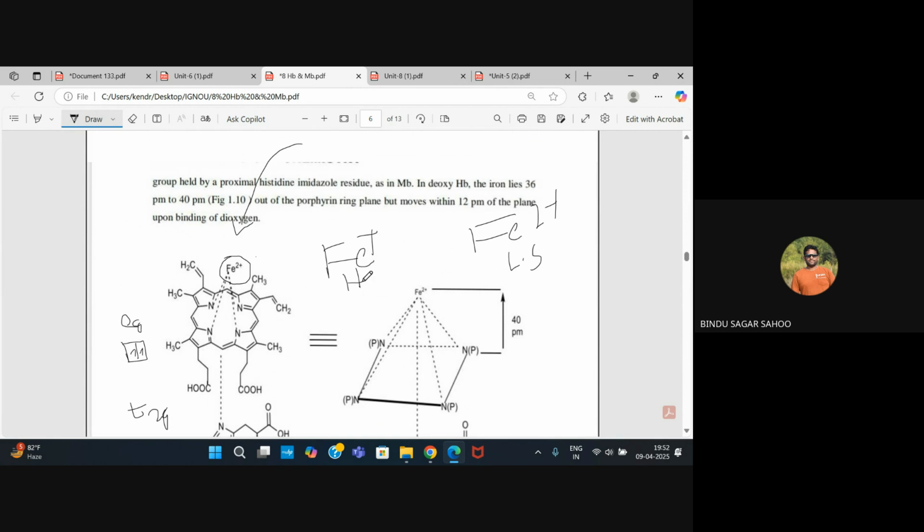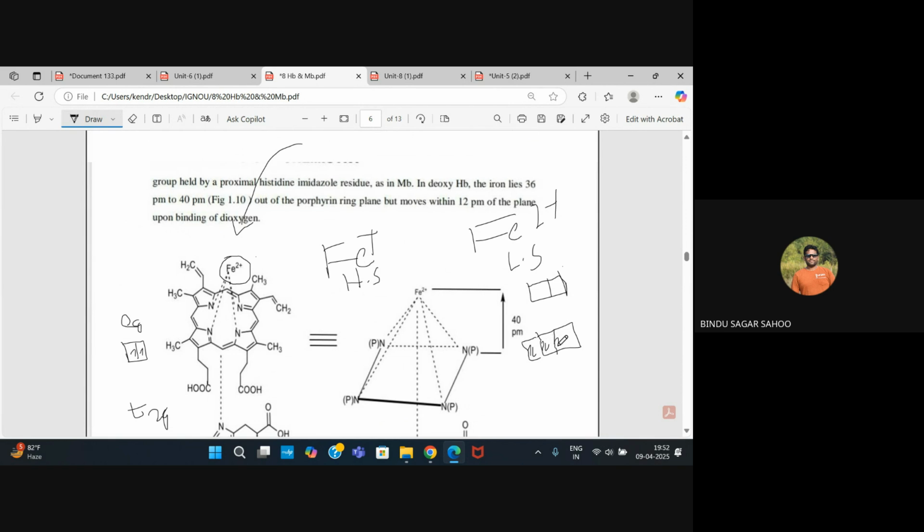So when Fe2+ low spin occurs, the electronic configuration will be like that. eg and t2g. So these 6 electrons will occupy the t2g orbital.